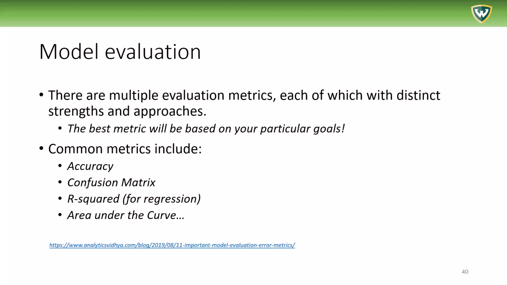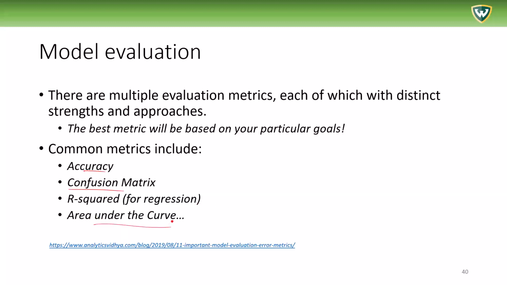achieve. The common metrics include accuracy, various measures related to the confusion matrix, of which accuracy is one, and these are usually used for classification problems, these two here, accuracy and confusion matrix. And there's the R squared, so you should be familiar with that when you studied regression, and that's for regression.